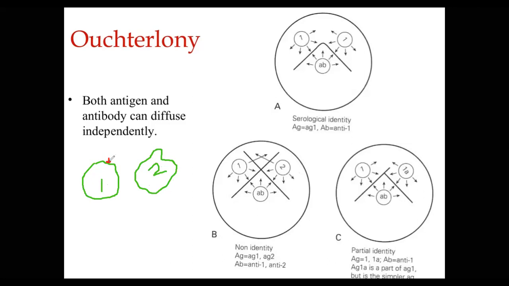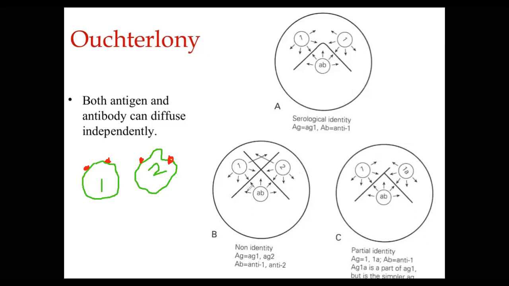If antigen 1 has a particular epitope, and antigen 2 has the same type of epitope present, then they are identical. The more epitopes that are the same on these two, the more they are serologically identical. They have the same types of epitopes, so they are identical.